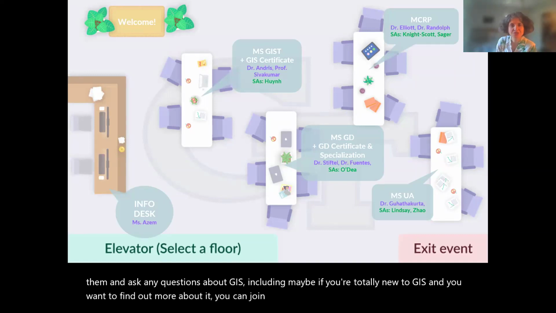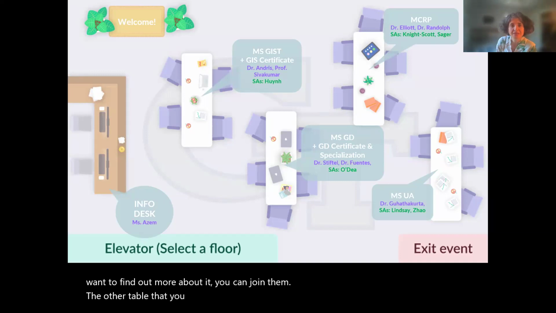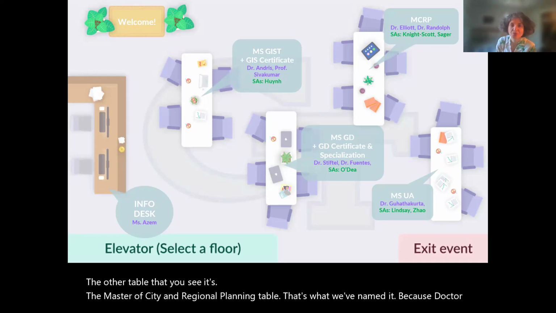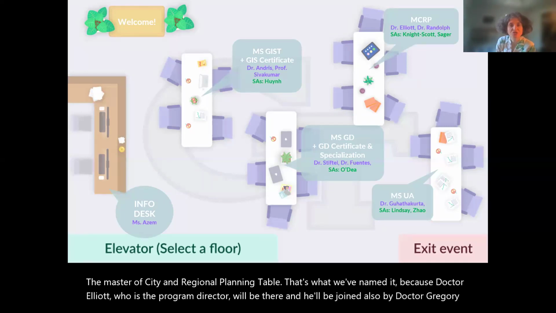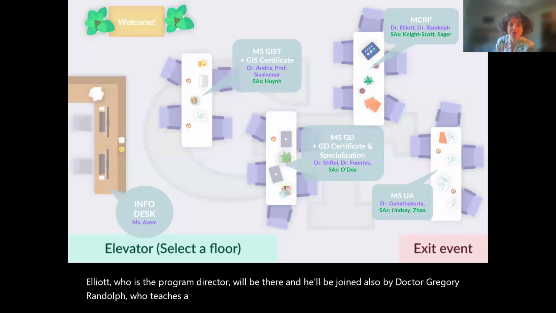The other table that you see is the Master of City and Regional Planning table. That's what we've named it because Dr. Elliott, who is the program director, will be there, and he'll be joined also by Dr. Gregory Randolph, who teaches a couple of the required classes for the MCRP program.